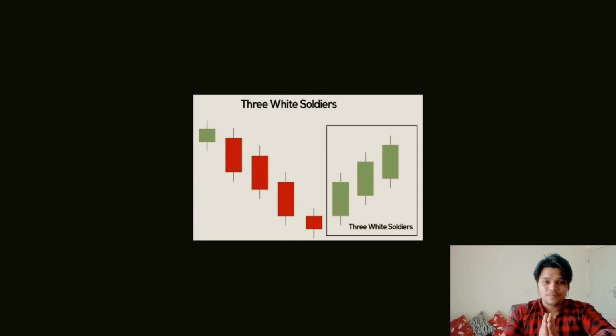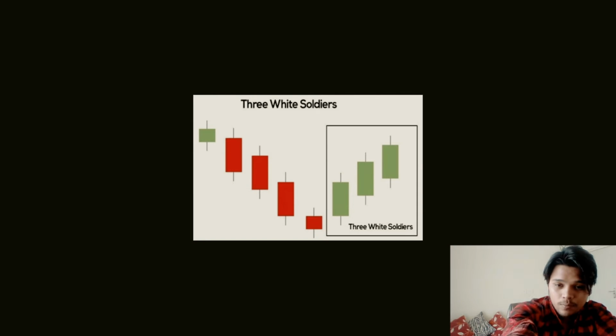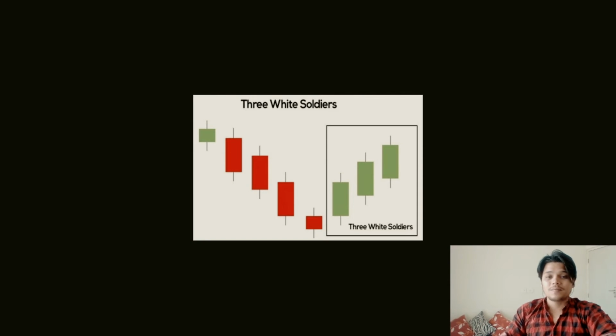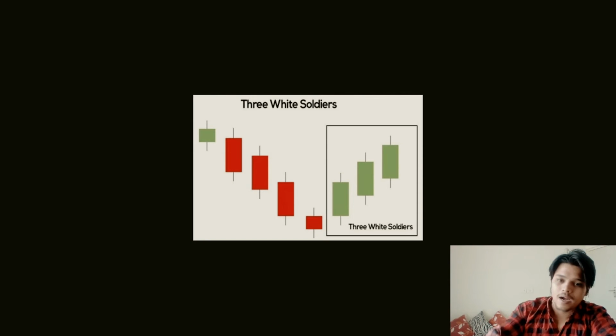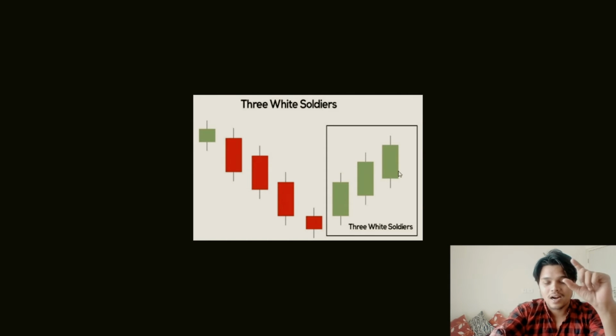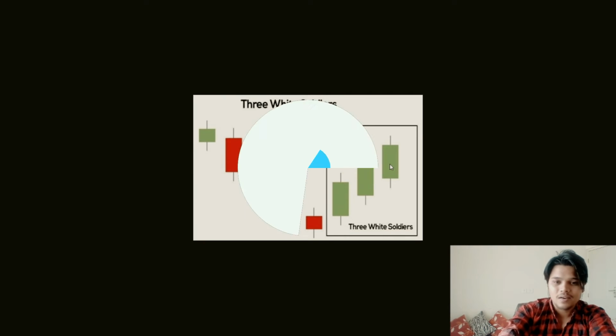If you see three green candles one after another in a daily chart, keep that in your mind: the market will go up from that point. Three white soldiers simply looks like three big fat green candles one after another. All right, so moving on to our next candle.